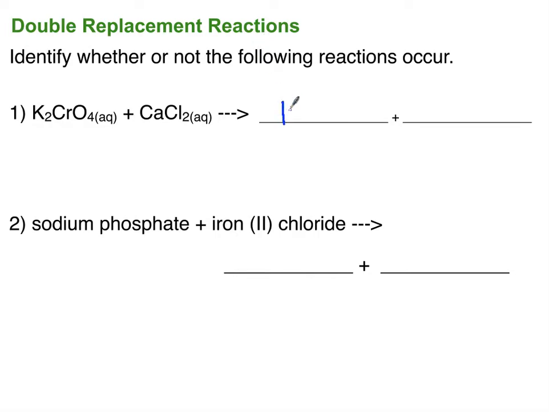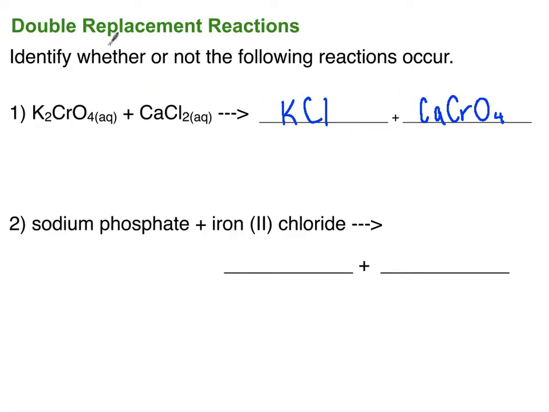But we're going to end up with KCl, potassium chloride, and then CaCrO4, or calcium chromate.